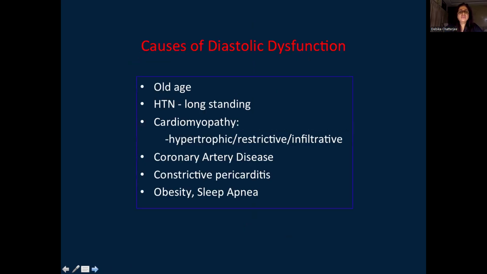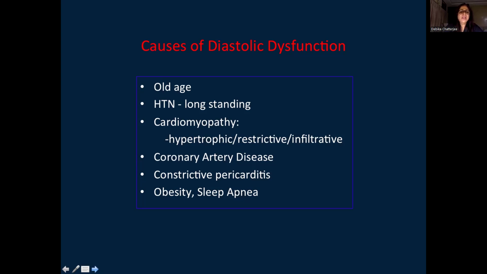pathophysiology, and now let us look at the causes of diastolic dysfunction, where old age is at the top of the list. Mind it, the old age. In old age, the relaxation is always impaired. As the patient becomes older, over 45 years, even without any predisposing cause, there will be impaired relaxation.